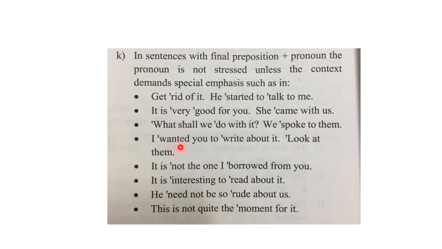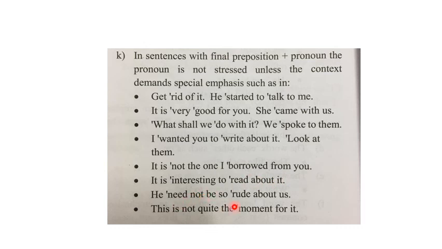Well, I wanted you to write about it. I wanted you to write about it. About it. Again. Then, look at them. At them. Again. It's not the one I borrowed from you. Again, from you. It is interesting to read about it. He need not be so rude about us.